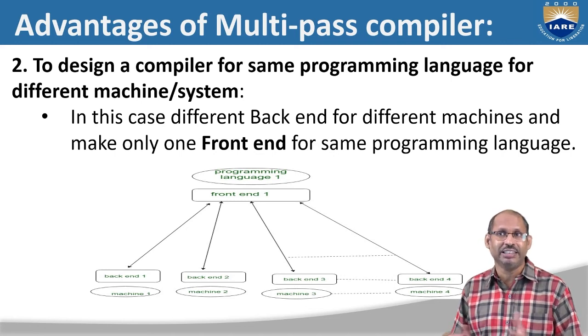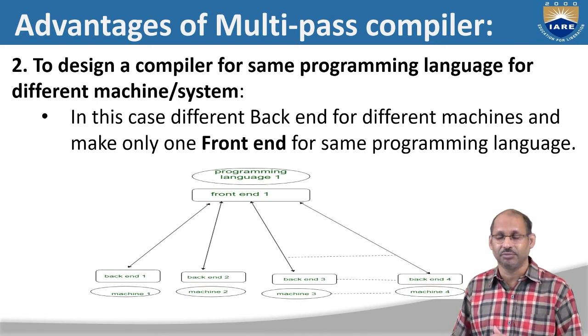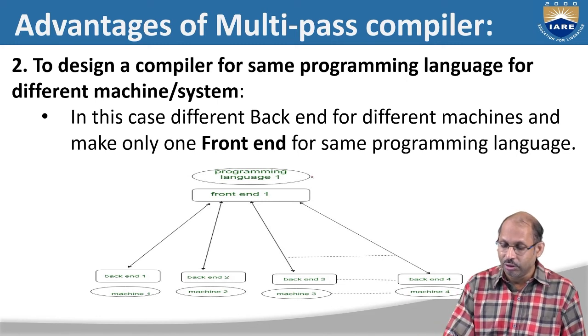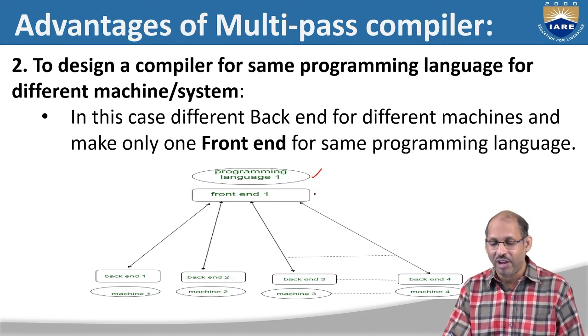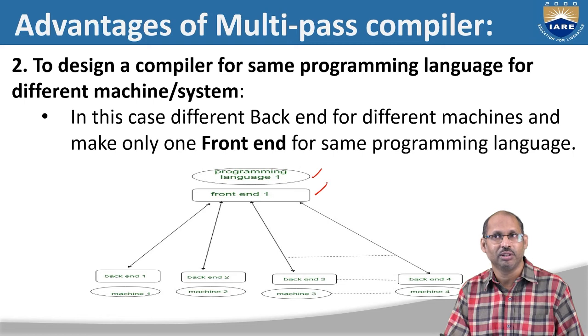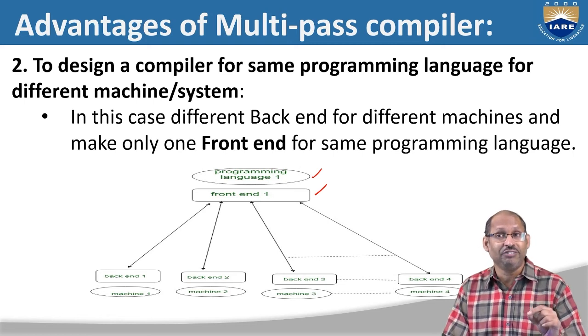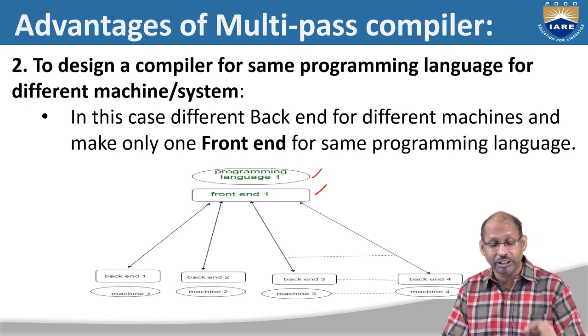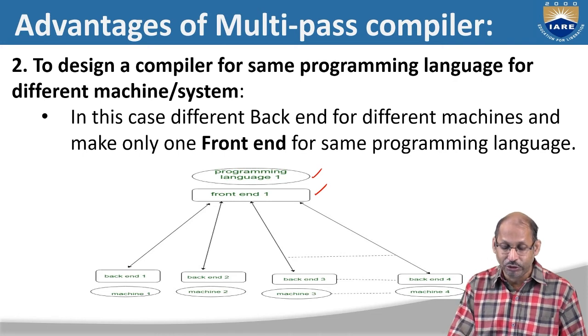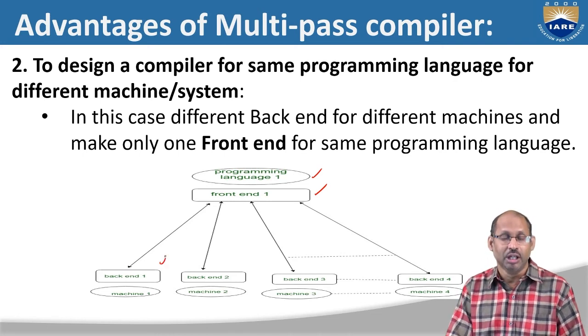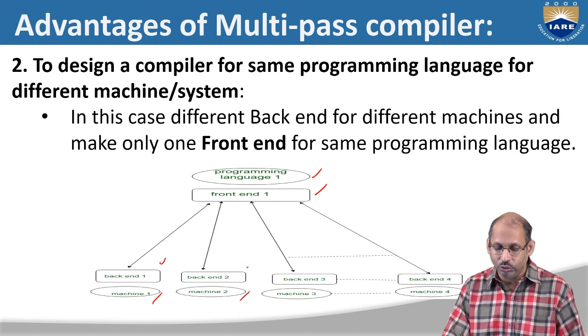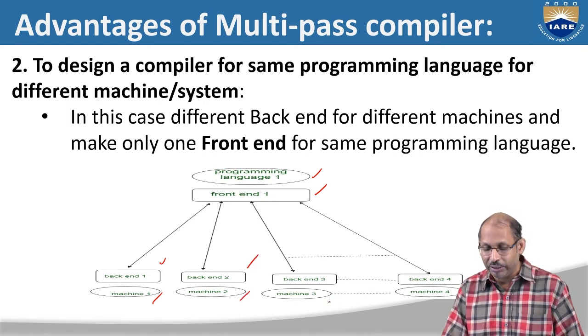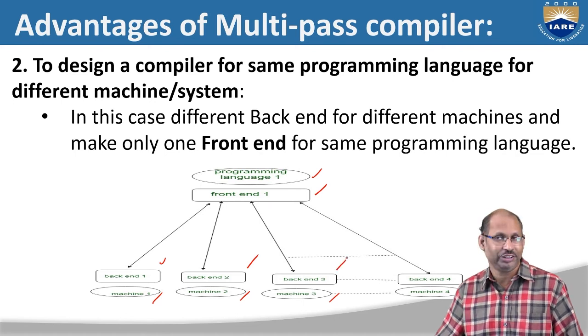So by dividing into front end and back end, a multipass system, we change only the backends. Here, for the same program, we have the same front end, and on whichever machine we are executing the programs, the respective backends are changed. For machine 1, backend 1 is used. For machine 2, backend 2 is used. Machine 3, backend 3.